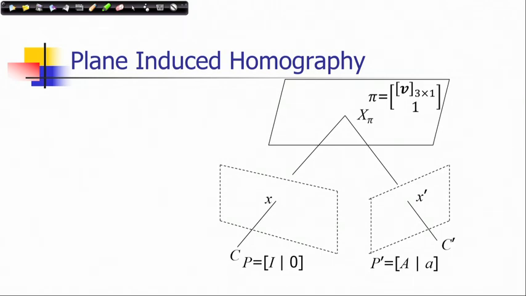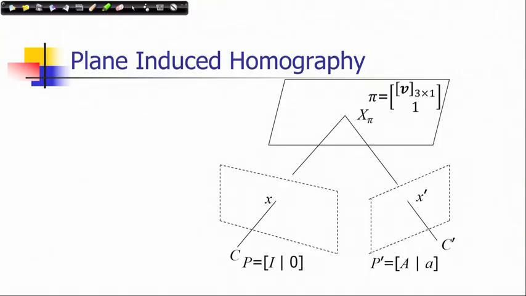The homography or the projective transformation is established among the pair of corresponding points for which the scene points lie on a particular plane. So, we call this kind of homography a plane induced homography.